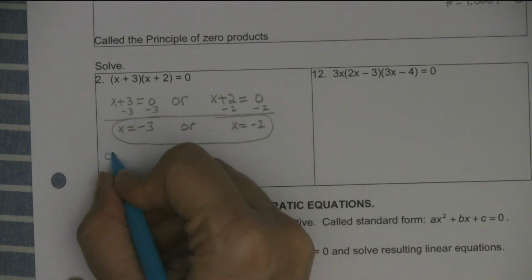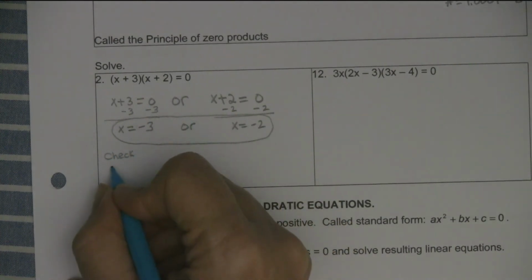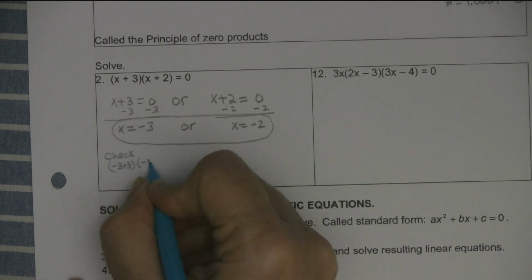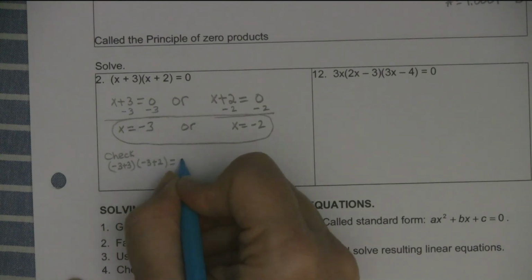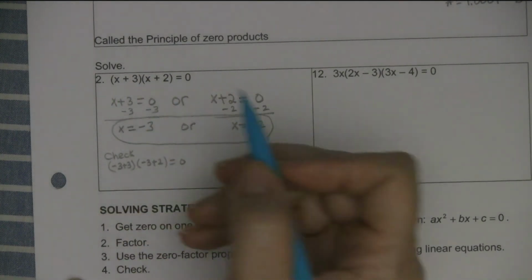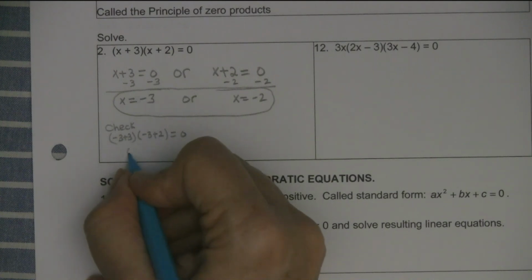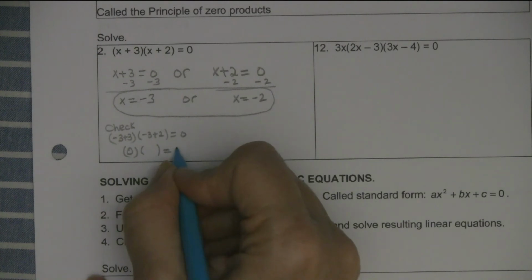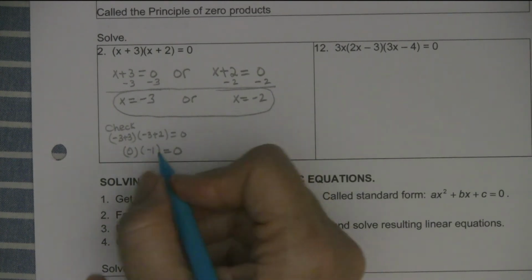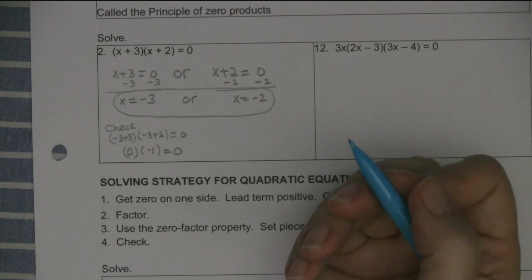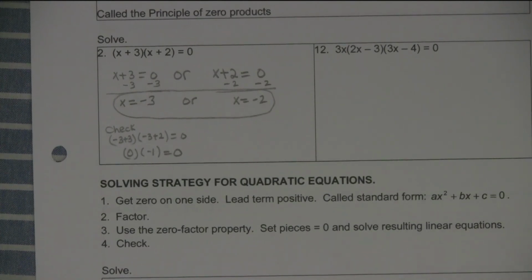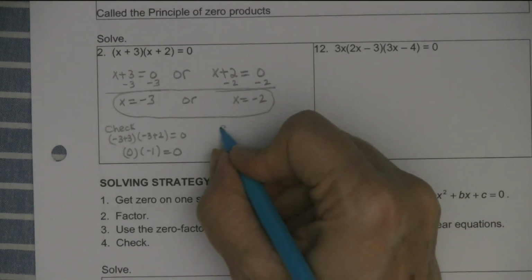So negative 3 plus 3 equals 0, and negative 3 plus 2, whatever this turns out to be, it does turn out to be negative 1, and 0 times negative 1 is 0. So that's how it worked: it made one of the pieces 0 so that when you multiply them, the product is 0. And if you go check negative 2, you'll see that it works the same way.